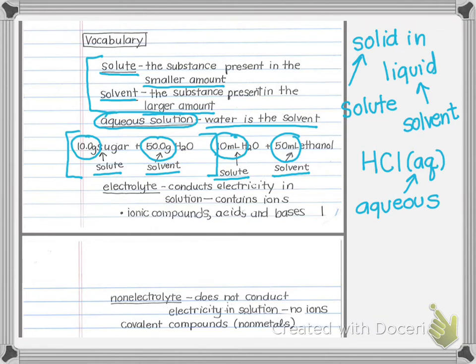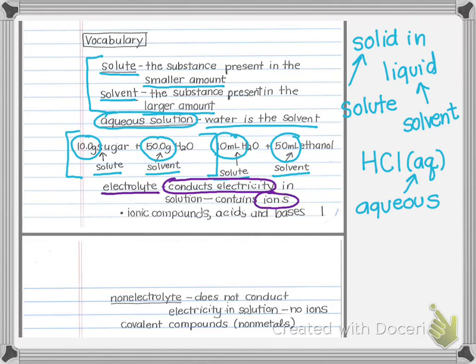So let's look at some more definitions, and then we'll try to answer some questions about these definitions. Another thing about solutions is that when you make a solution, sometimes they conduct electricity. A solution that conducts electricity is an electrolyte. The reason it conducts electricity is because it has ions.